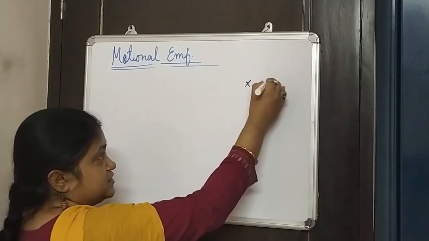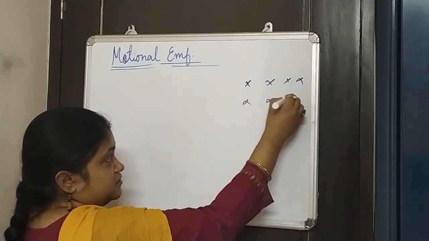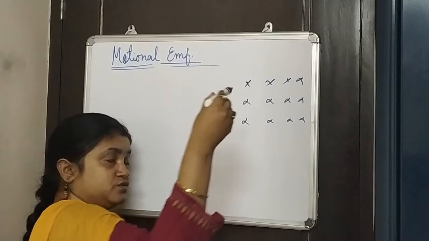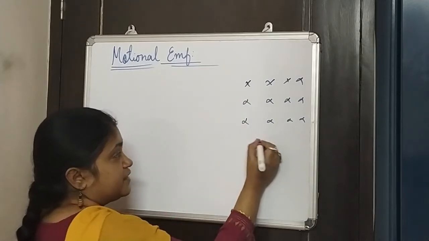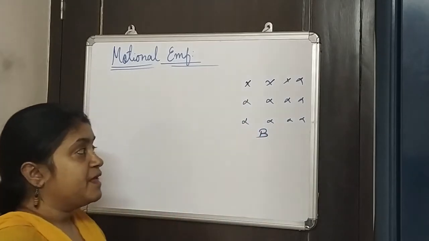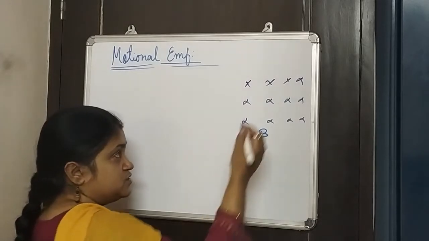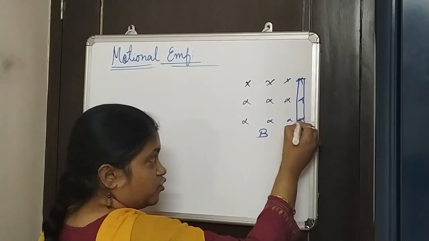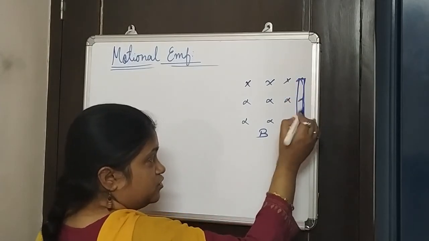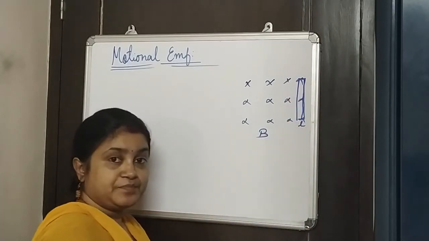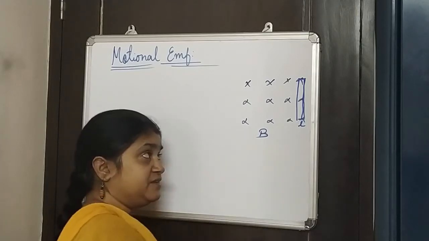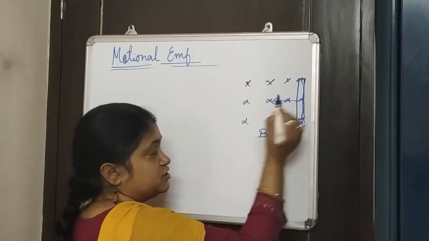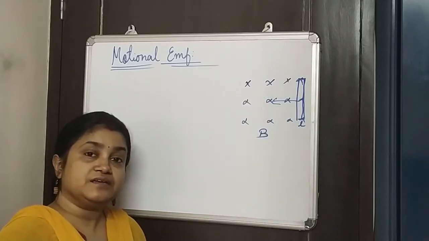So let's suppose there is a magnetic field B which is into this board. Perpendicular to that there is a rod of length L. Now the magnetic field is not changing, but suppose this rod is moving through this magnetic field.